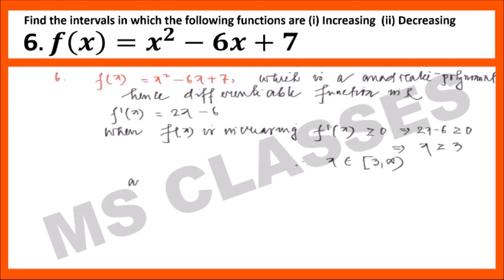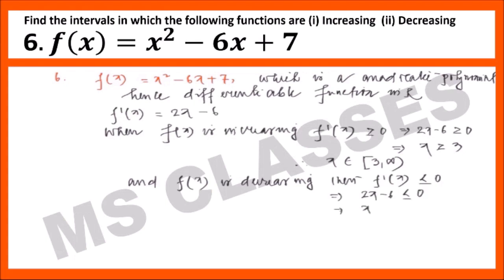And when f(x) is decreasing, then f'(x) is less than or equal to 0. 2x minus 6 less than or equal to 0, x less than or equal to 3. So x belongs to (minus infinity, 3] when the function is decreasing.